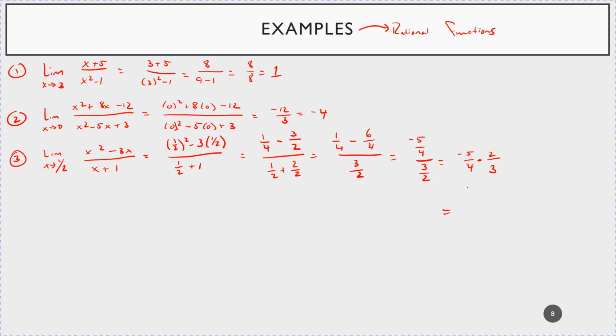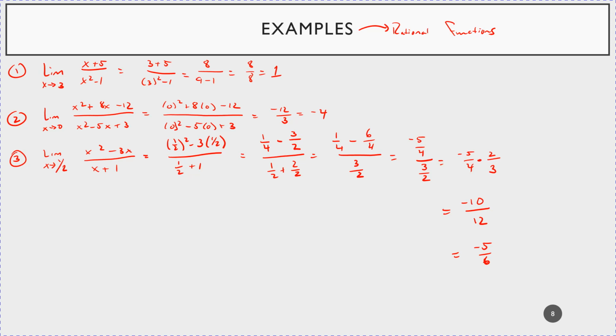This becomes minus 5 times 2 gets me minus 10 over 4 times 3 gets me 12, which we very quickly see reduces to negative 5/6. So when you have these fraction problems, just be meticulous with them, because there's a lot of opportunities to make mistakes. So just take your time as you approach these problems.